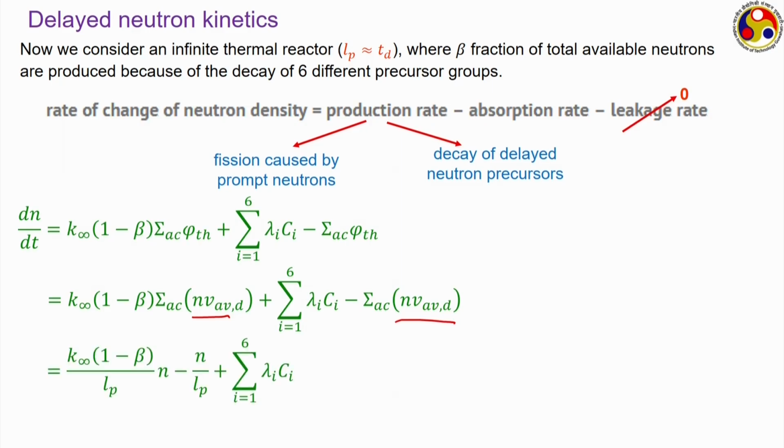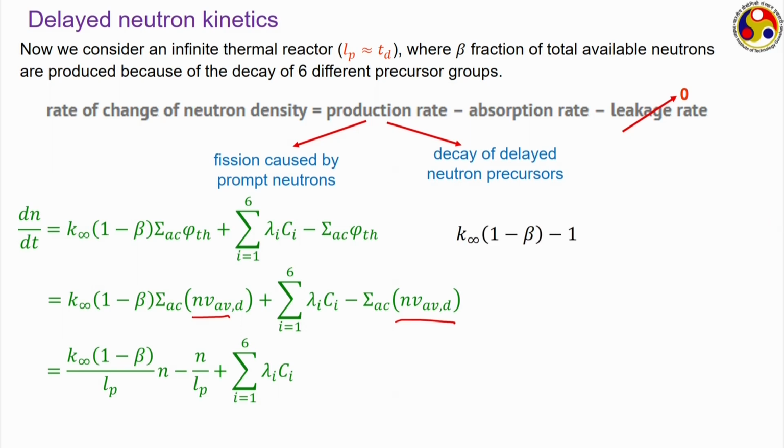And now, we know that LP is equal to 1 upon sigma AC into V average. So that has been introduced here to replace the product of sigma AC and V average with 1 upon LP.